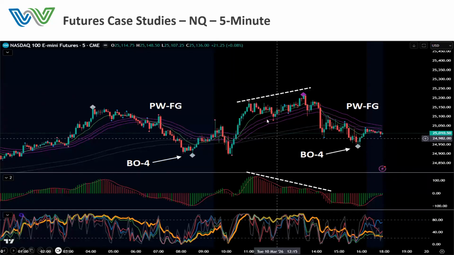And then we do move up and we get divergence. This is massive divergence, and then we come down again. So the PW fill the gap trade. This is a range day, but playing the market cycles over and over again.